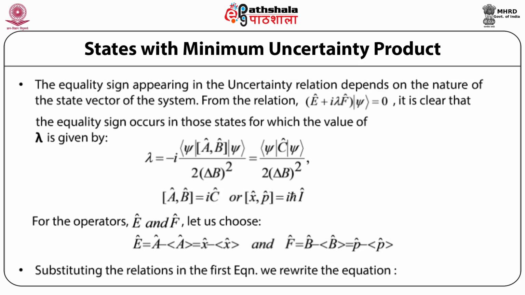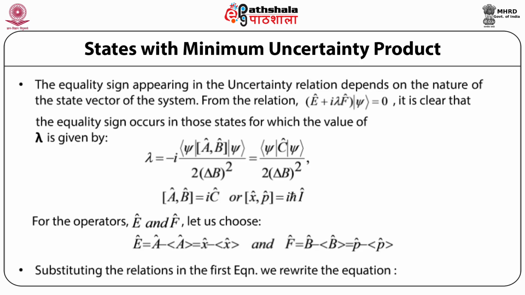where the commutator of the operator A and operator B is equal to iota times operator C, and for the more specific case considering the position and the momentum operators, the commutator of the position operator x and the momentum operator p turns out to be equal to iota times h cross times operator I, that is the identity operator or the unit operator.